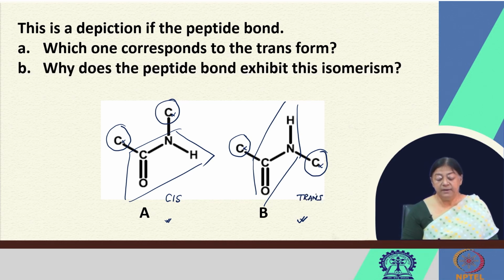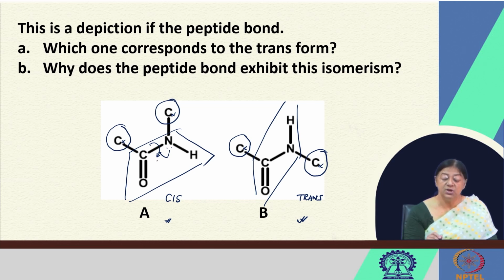Why does the peptide bond exhibit this isomerism? Because we know that this has largely a single bond character, but also a partial double bond character because of the restricted rotation that occurs because of the lone pair on the nitrogen that is delocalized over the bond here, rendering it a partial double bond character, thus restricting its rotation.